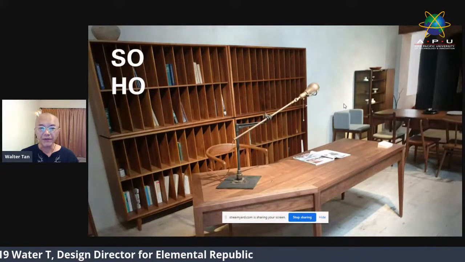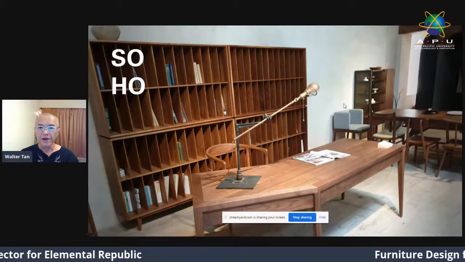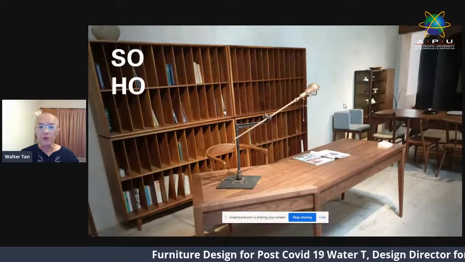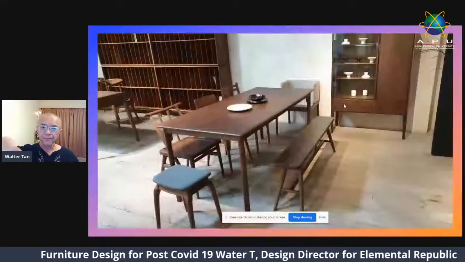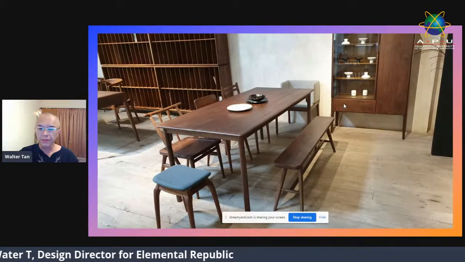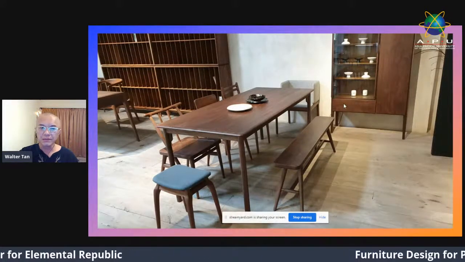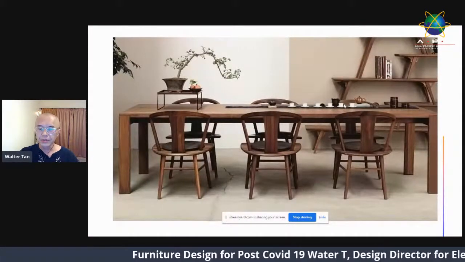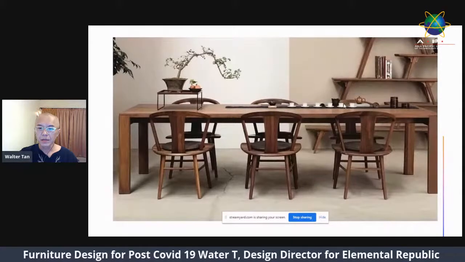Then they like to have a very comfortable space in their house to work in. So this is a very nice walnut wood home office style. Okay, this is again, we have tea.